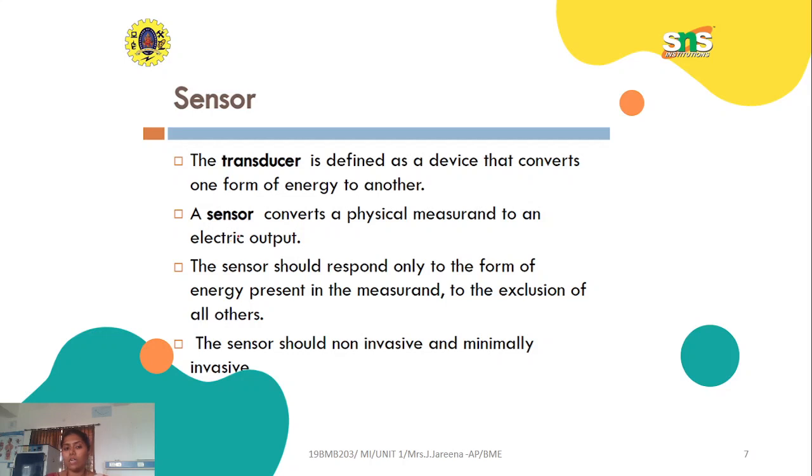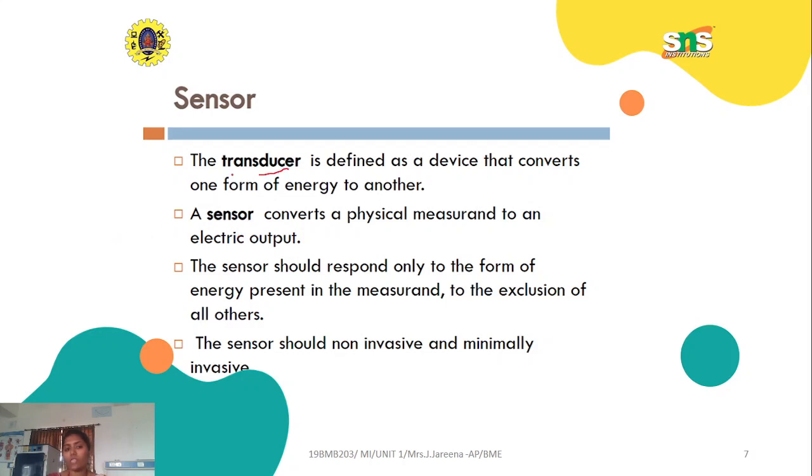The sensor is again a component that has sensing properties. It will sense the physical measurement and gives an electrical output. The main difference between a transducer and a sensor is that the sensor gives output only in electrical form, whereas the transducer gives the output in any form we like, through the conversion of one form of energy into another.